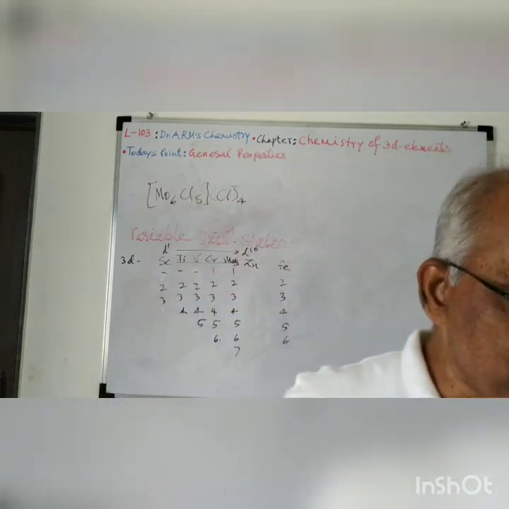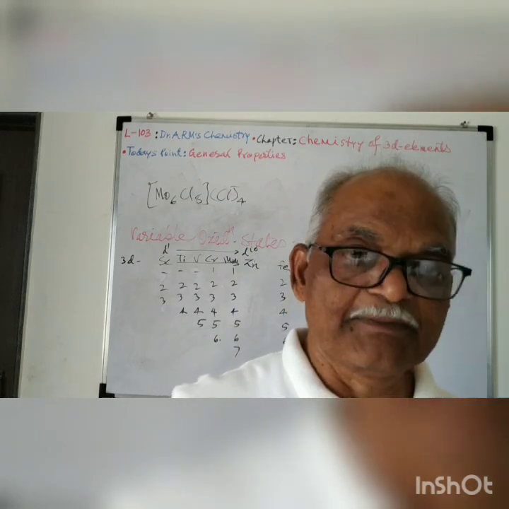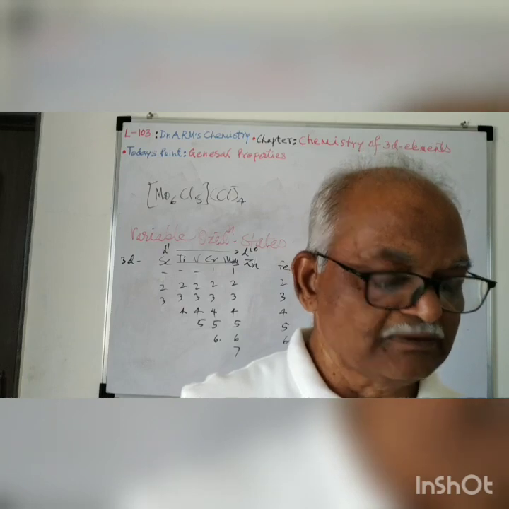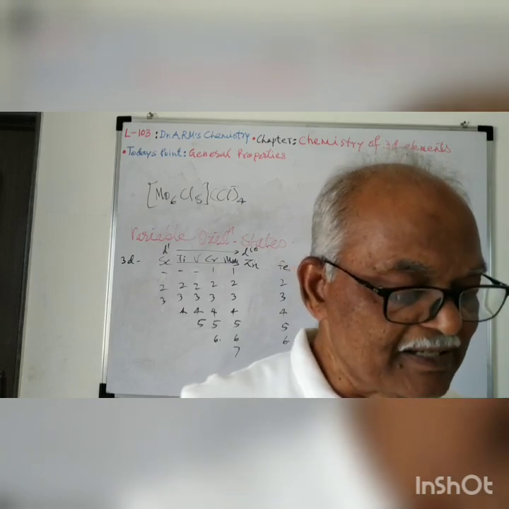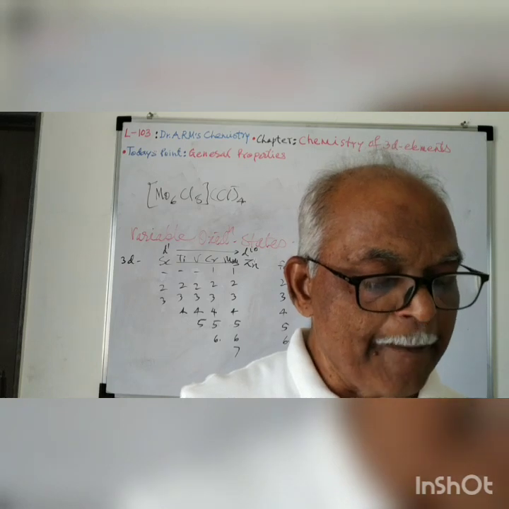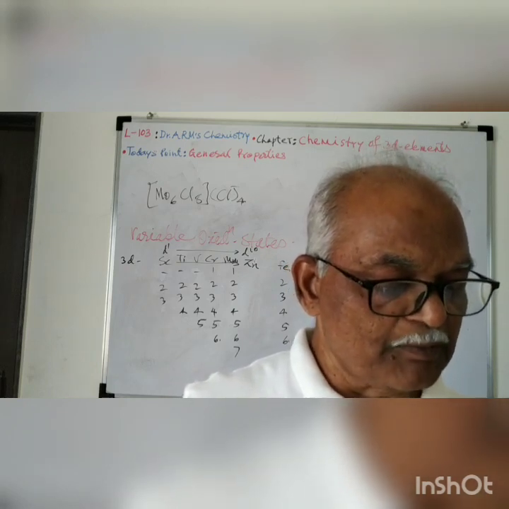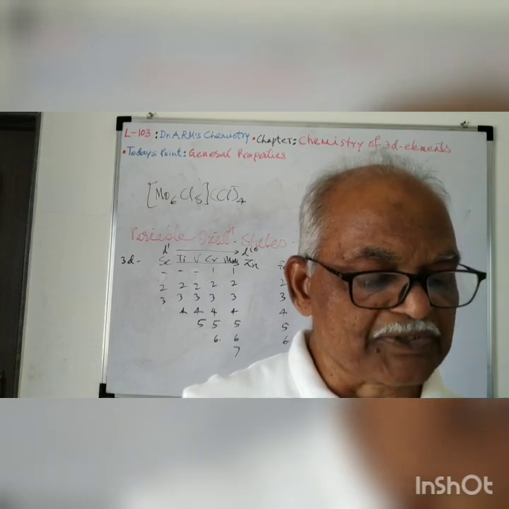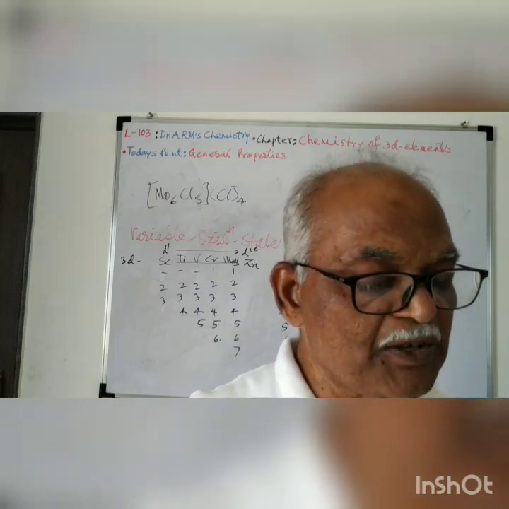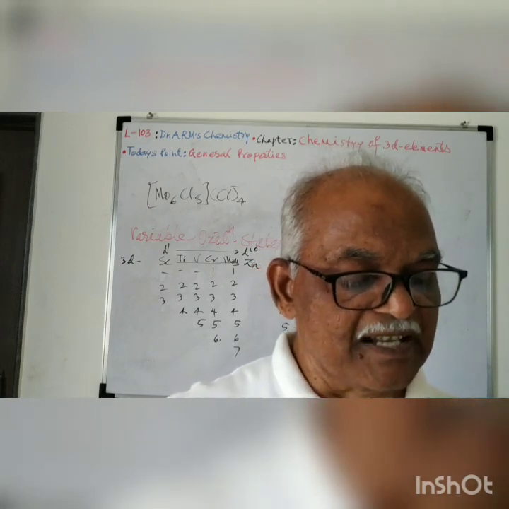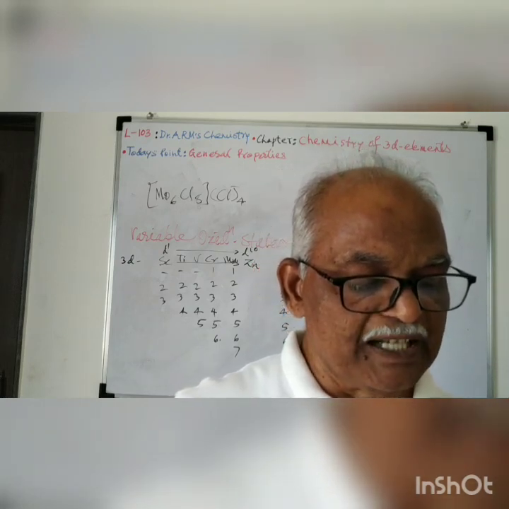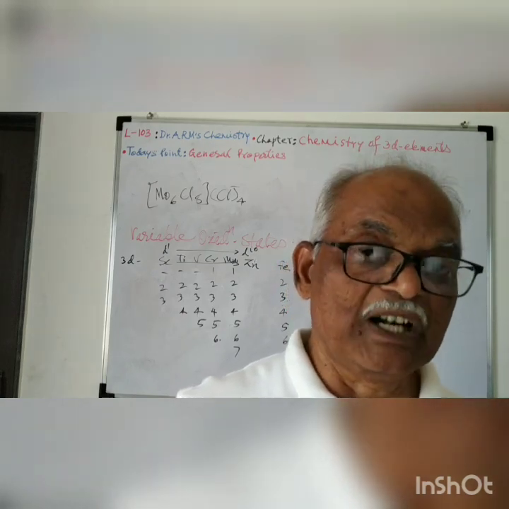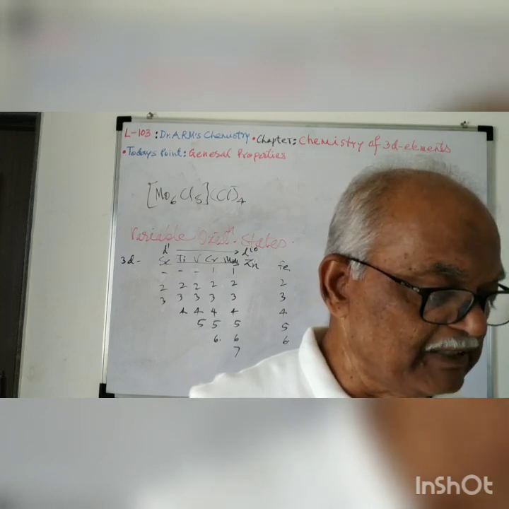Molybdenum gives 2, 3, 4, 5, 6. Technetium gives 1, 2 unstable, 3, 4, 5, 6, 7. Ruthenium gives 2, 3, 4, 5, 6, 7. Rhodium gives 1, 2, 3, 4, 5, 6. Palladium gives 2 and 4. Silver gives 1, 2, 3, and cadmium gives 1 and 2, but plus 1 is unstable.